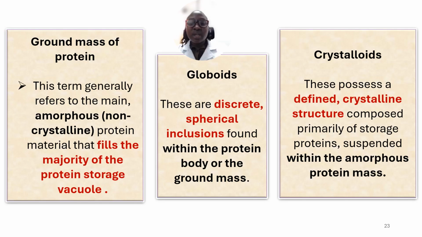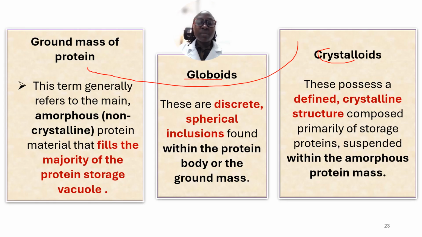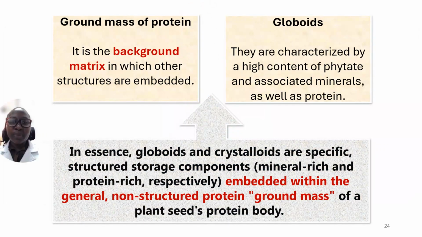So the crystalloids and the globoids are all suspended within the ground mass, which is found in the aleurone grain. So the ground mass is the background matrix in which other structures are embedded, if present anyway. If we have globoids and crystalloids, they are always within the ground mass.